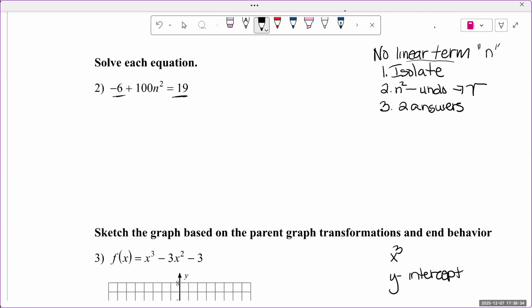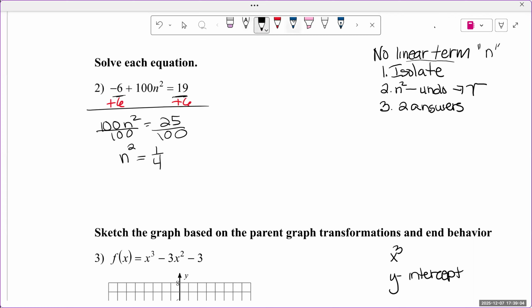Since there's no linear term, I'm going to isolate the variable, add 6 to both sides. 100n squared is equal to 25. Divide by 100. Now I am not getting a decimal. I'm reducing that to a reduced fraction.